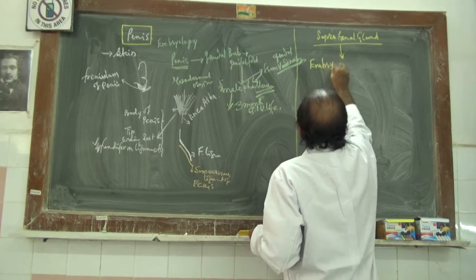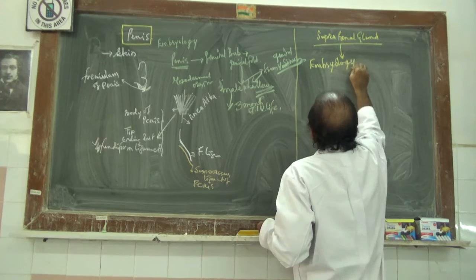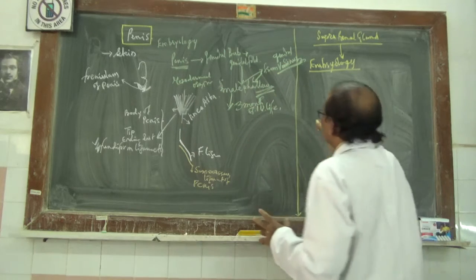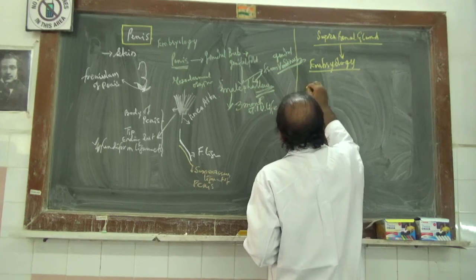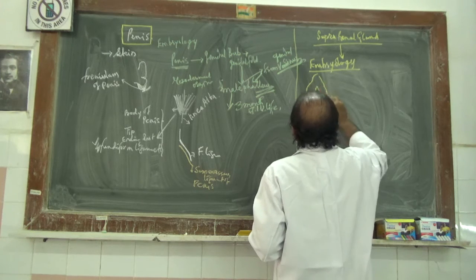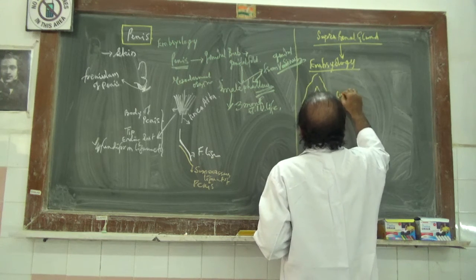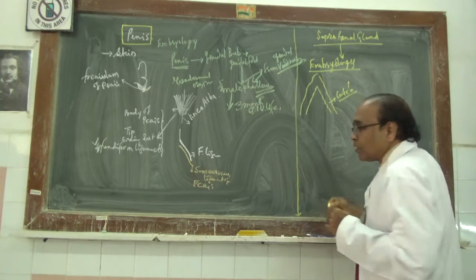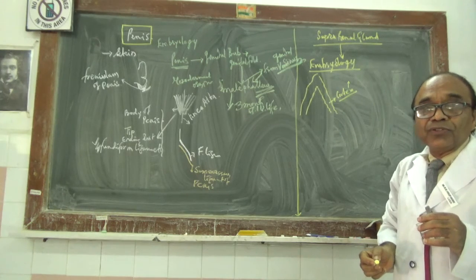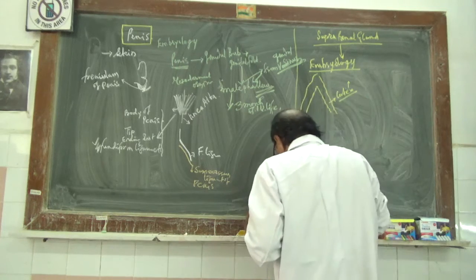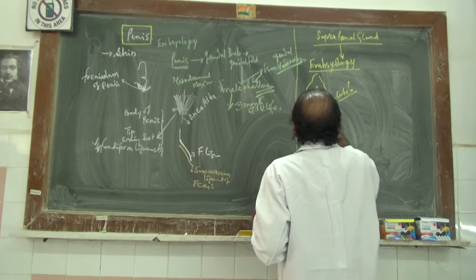When you take the embryology, it has two forms, because it will be having a cortex. So this is the cortex. Now the cortex has the zona glomerulosa, zona fasciculata, zona reticularis, and this is the medulla.